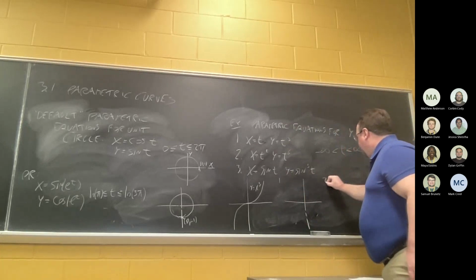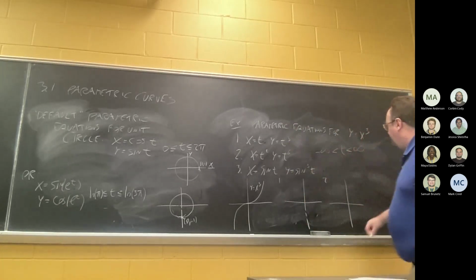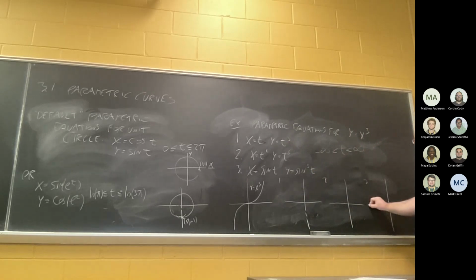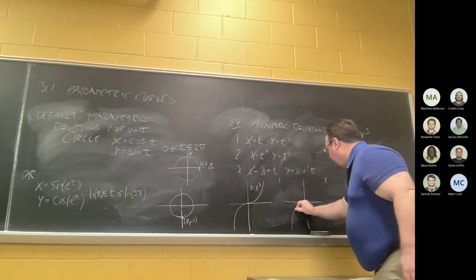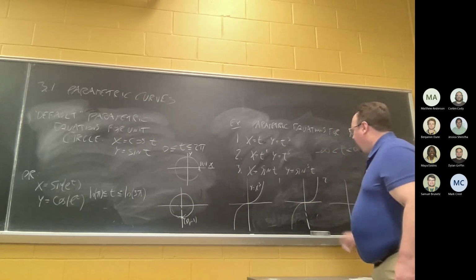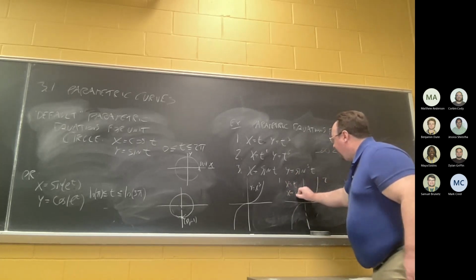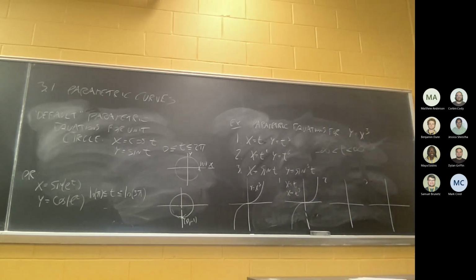If I were to plot these parametric curves, letting t range over all real numbers, I'm not necessarily going to get this because of how the functions involved behave. For the first one, since x and t are the same thing, I effectively have y equals x cubed for x going from minus infinity to infinity. So the first set of parametric equations will give me the entire curve y equals x cubed. But what about the other two?